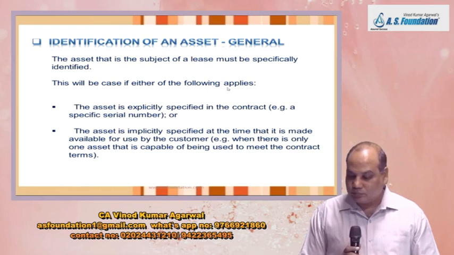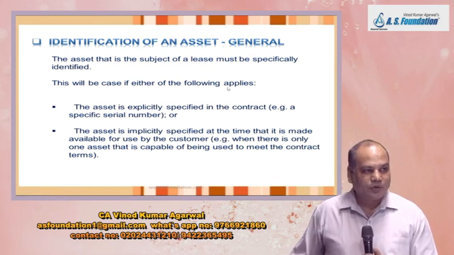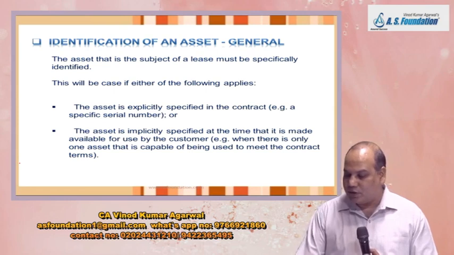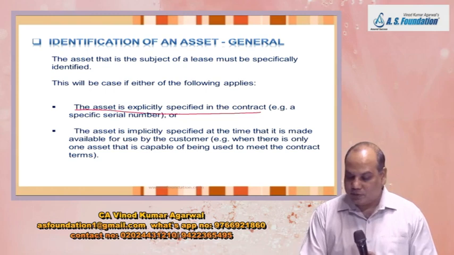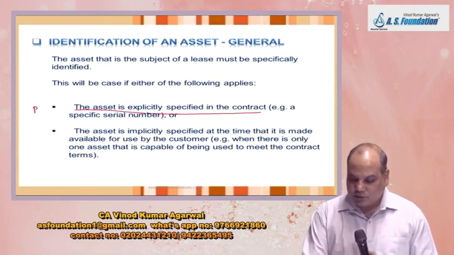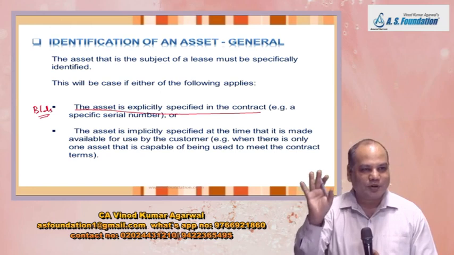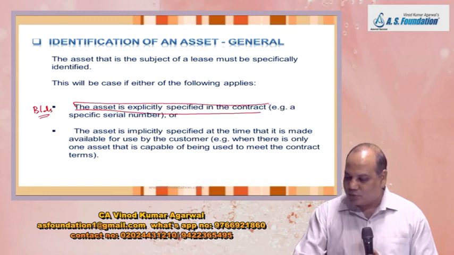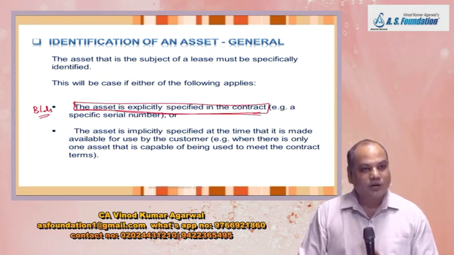The asset is explicitly specified in the contract. This is a simple test that a particular asset is specifically specified in the contract. For example, suppose you are taking a building on lease. It is specified that I want this particular office or this particular building. That is, you determine the location, floor number, office number, etc. Then it is easy.